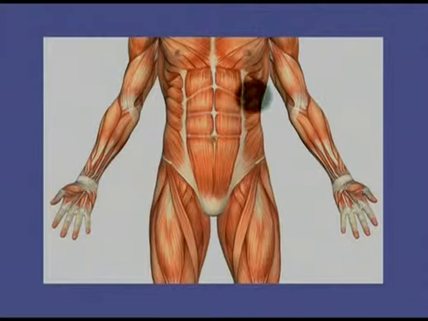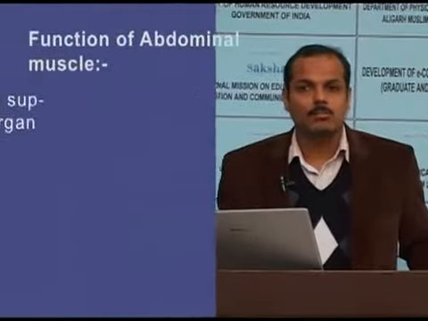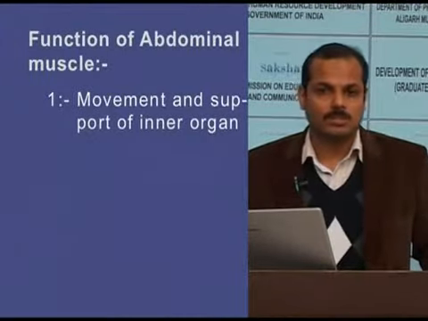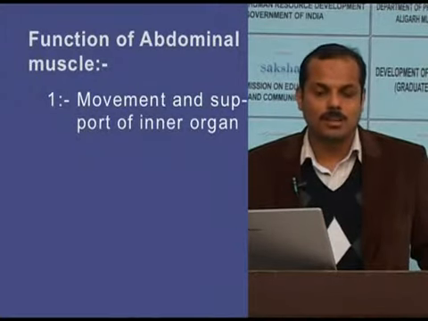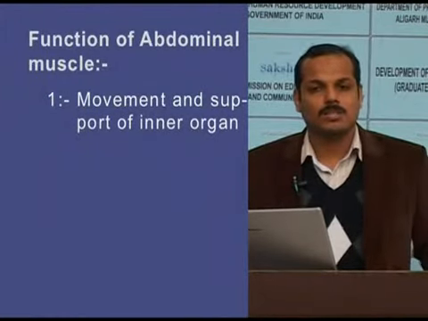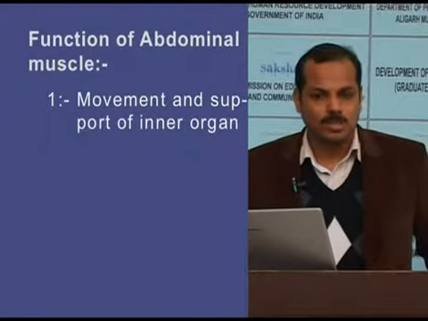Before going through the different abdominal muscles, we will go through the functions of the abdominal muscles. These are the muscles seen in the front and sides of the abdomen, and the main function is the movement and support of the trunk. It is one of the main muscles which provides core stability, or support for the trunk.